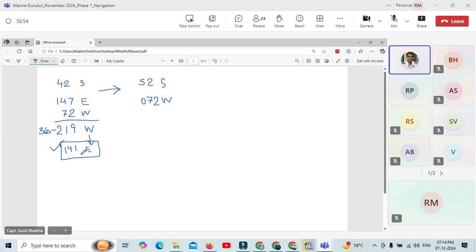Now the making of the diagram is very, very simple. You are moving from 42 south to 52 south, which means you are moving in the south direction. The D long tells us you are moving in the easterly direction. Both positions are in the southern hemisphere, so we will take the south pole. I will draw a course in the southeasterly direction like this.